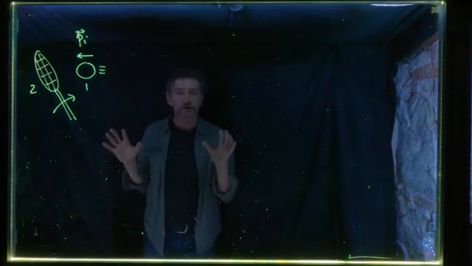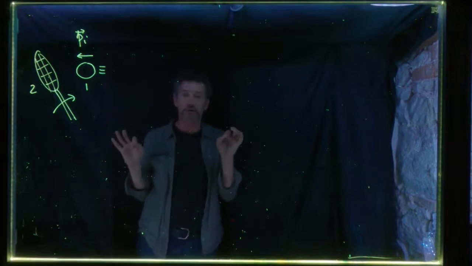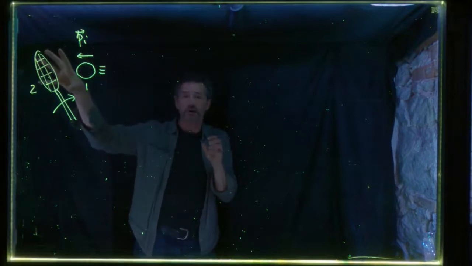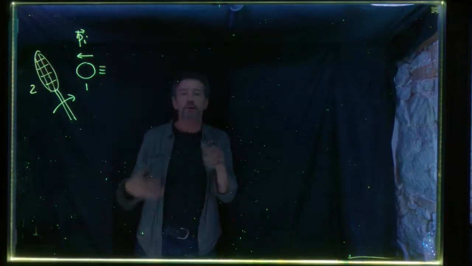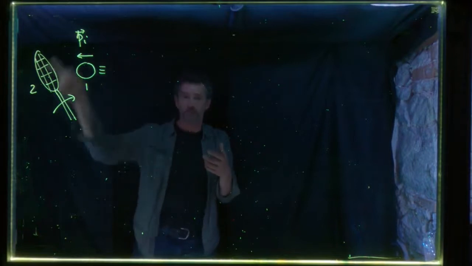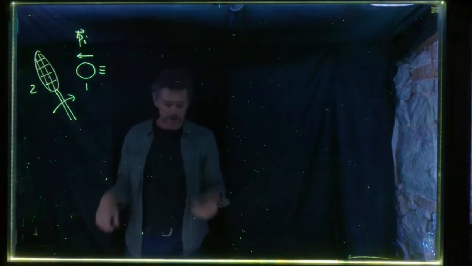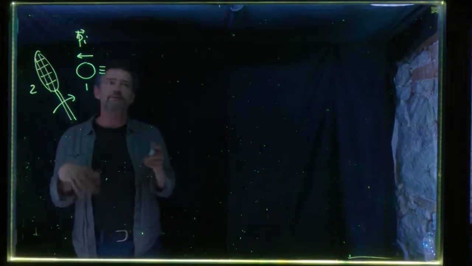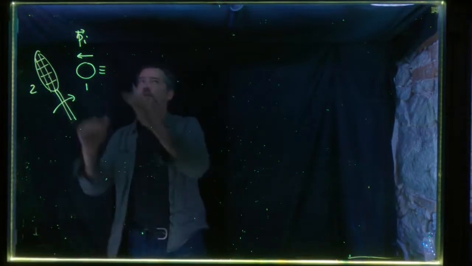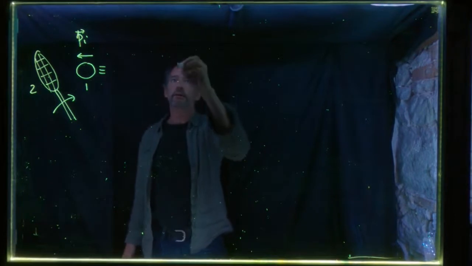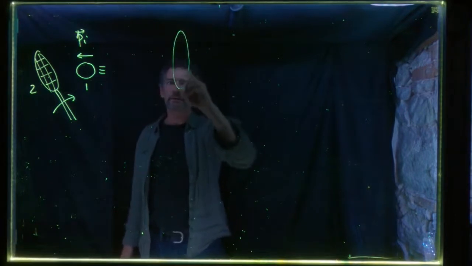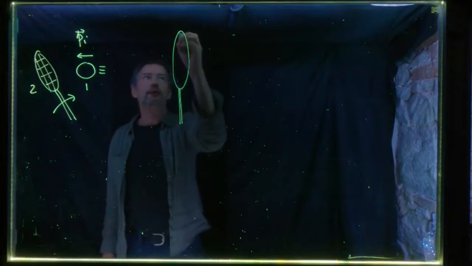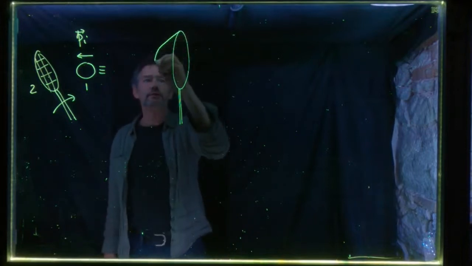And of course, at the same time, because momentum is a strictly conserved quantity, if the momentum of this guy changes, well, then the momentum of that guy has to change by an exactly opposite amount so that the total momentum of the isolated system remains constant. Okay, so when the ball and the racket are in contact, then the racket looks something like this. And the strings of the racket get stretched like this. They're under tension.